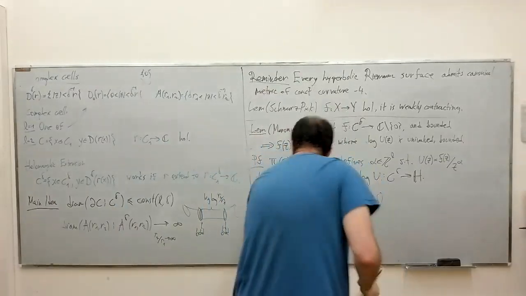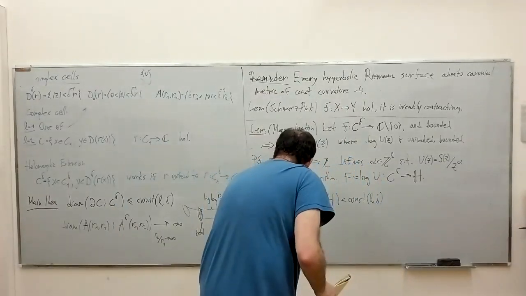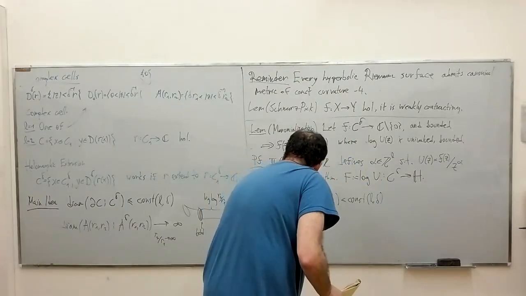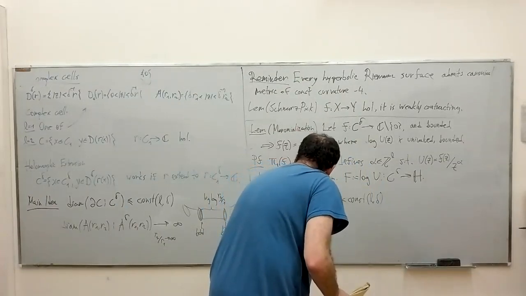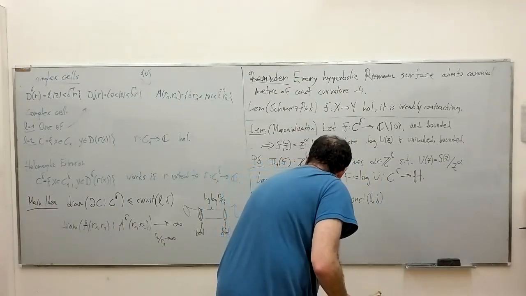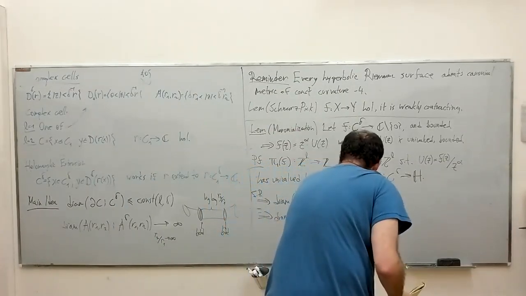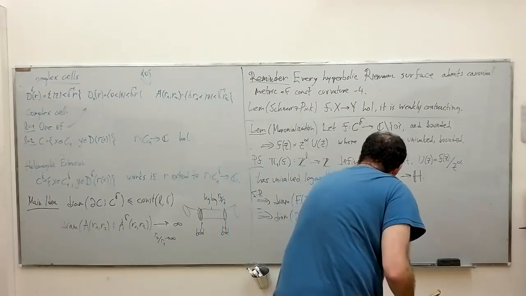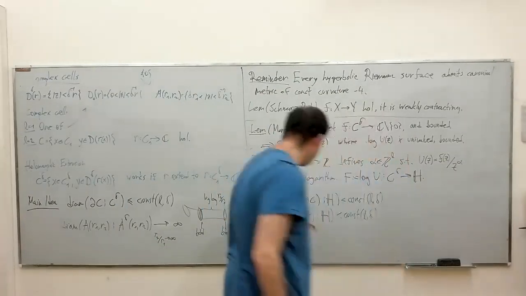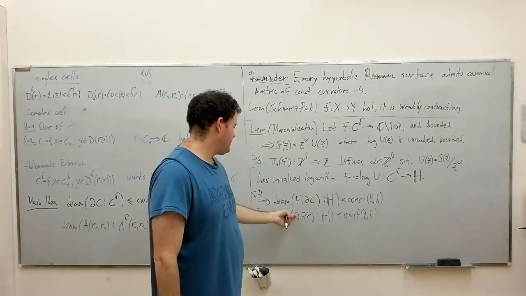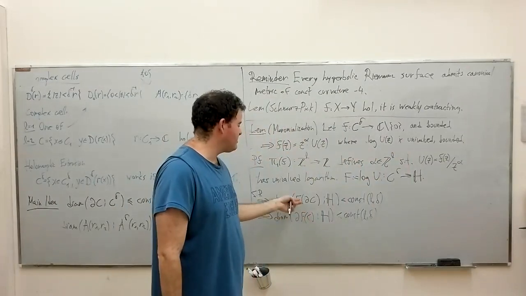Now this implies, by just the open mapping theorem, that the diameter of the boundary of F of C in H is less than such a constant. That's just because the boundary of the image is contained in the image of the boundary.